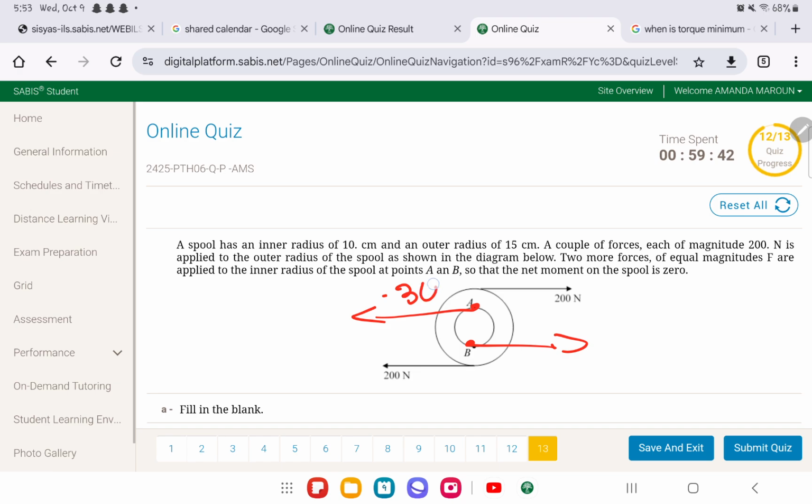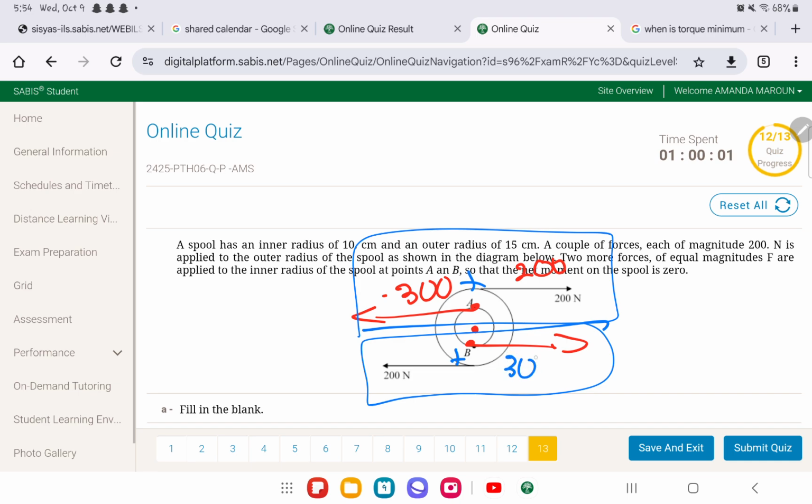So here it's 300 and here it is 200. So let's say we have our axis over here, all right? If we were gonna find the net force, we would take either the ones on top and we add them, or the ones on bottom and we add them. Here it's also 300, okay?